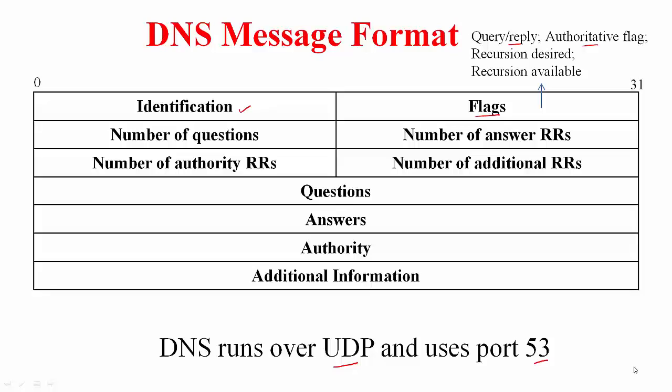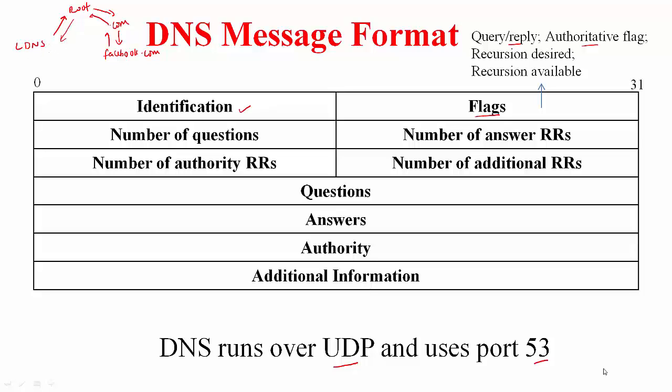What recursion means is that when the local DNS server is contacting the root DNS server in the example, the root DNS server will in turn contact the .com TLD server, and this .com TLD server in turn will contact the Facebook.com authoritative server and get the IP address and pass it back, and finally the root will pass it back to the local DNS server.